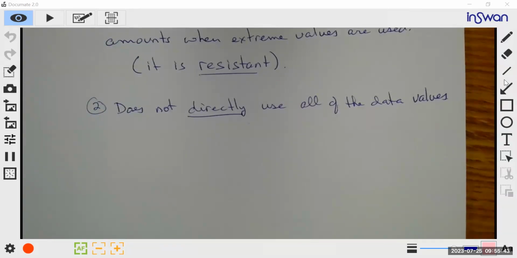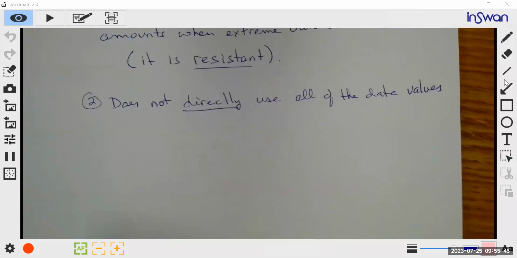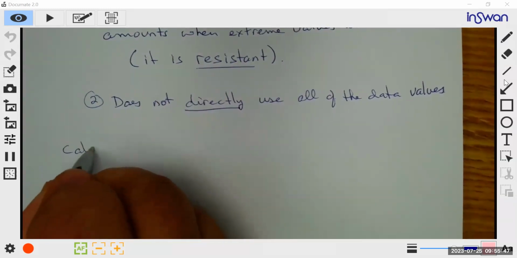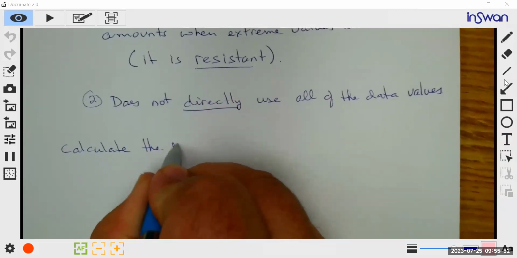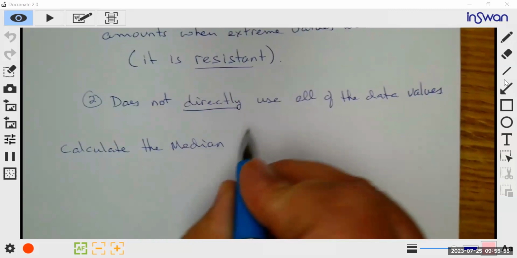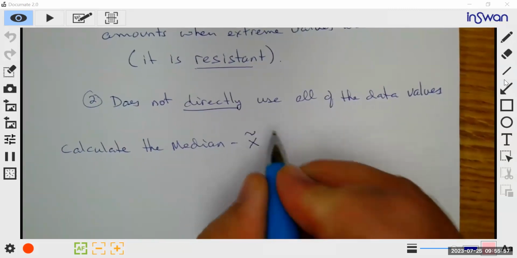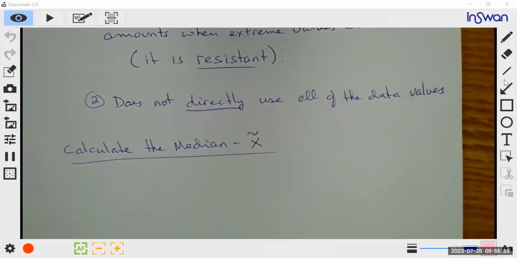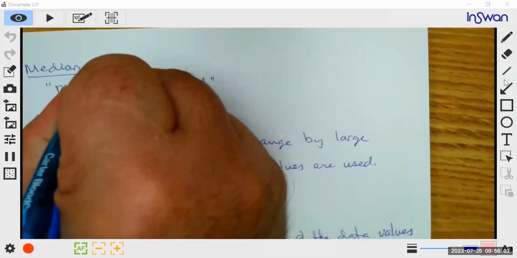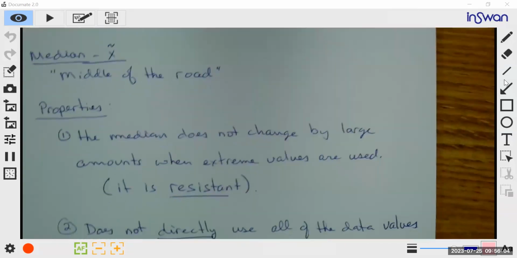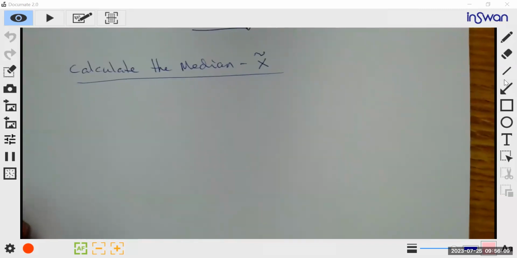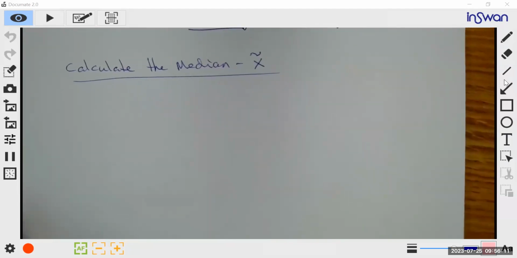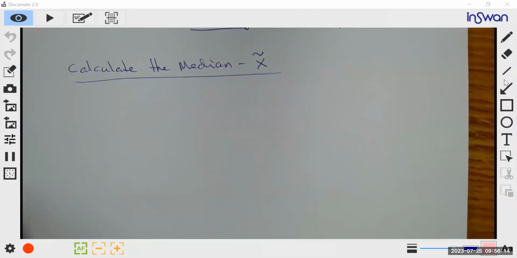There's very little math here. Remember, the median is also X tilde. To make sure you remember. So how do you calculate? This is a process. It's not really mathematical. The only math here is something that you've used all along.